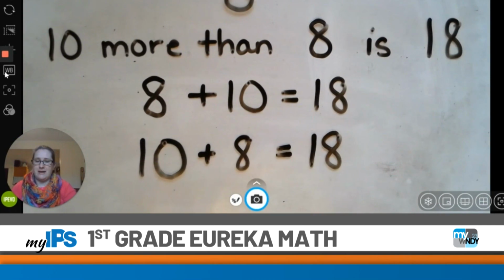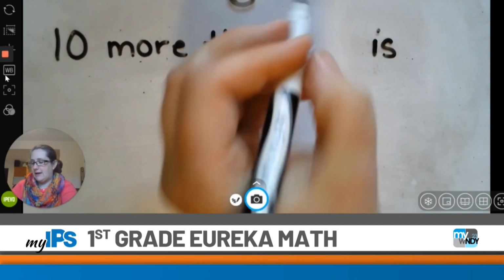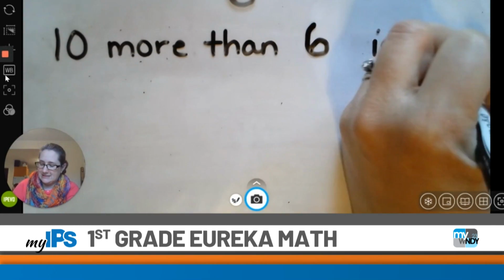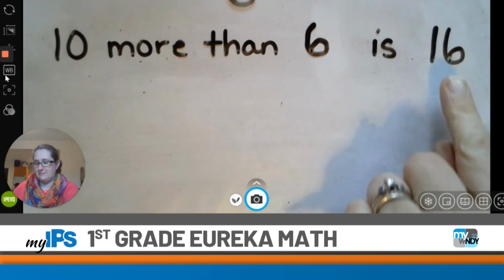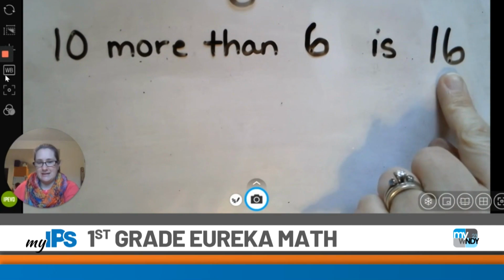Okay, we're going to do one more. The last one for the day is 6. 10 more than 6 is what number? 16. Say 16 the Say Ten way. 10, 6.